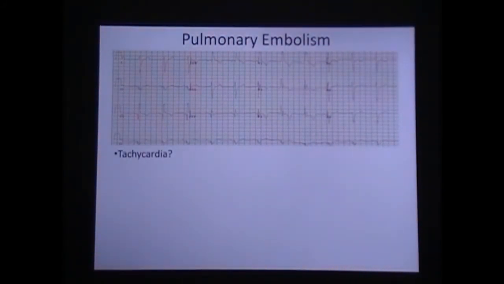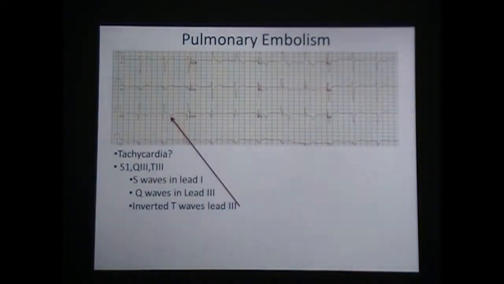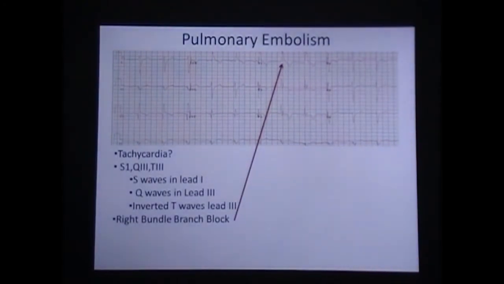This one isn't too tachy, but we have that big S wave, Q wave, inverted T waves. So S wave, Q wave right there in 3, and inverted T waves. And we've got a right bundle branch block. So they're ticking all the boxes if they've got that clinical picture.